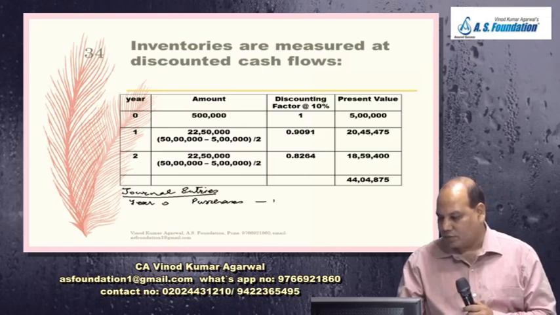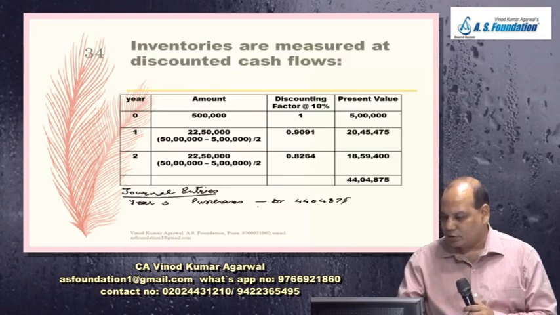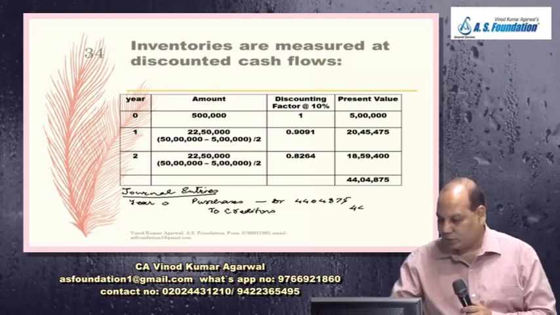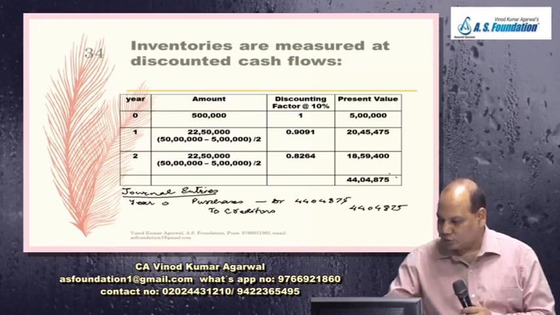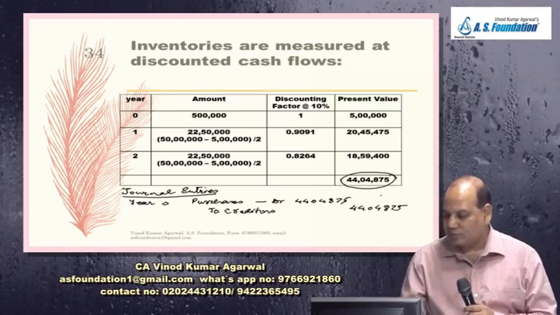Purchases account debit 44 lakh 4,875. Correct? Yes or no? To creditors 44 lakh 4,875. Whatever total you have got here, you write it.